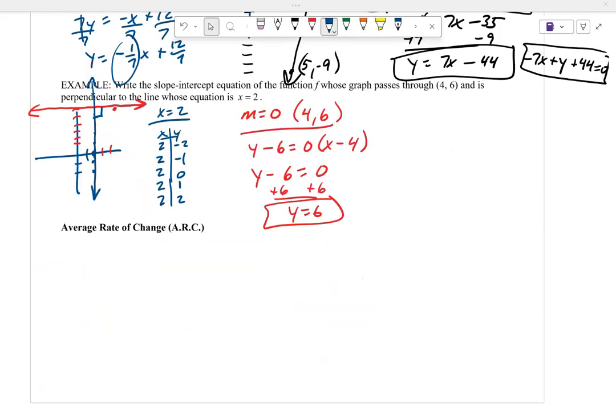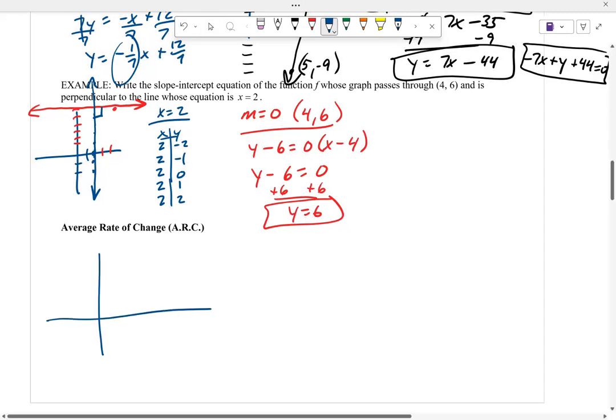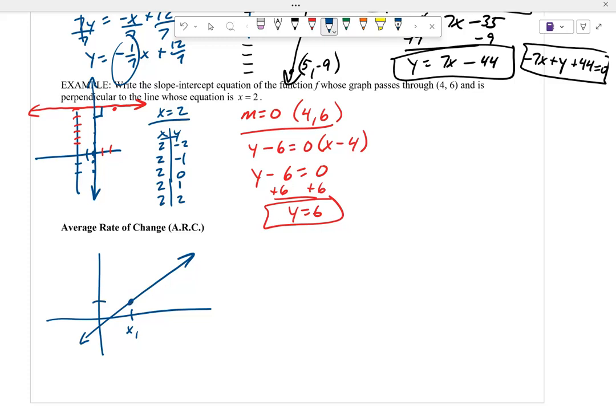Well, average rate of change. That's just another way to say slope. When you're finding the average rate of change of a line, that's how steep it is. So if you're going from (x1, y1) to (x2, y2), your average rate of change would be the change in y over the change in x. We know that is y2 minus y1 over x2 minus x1.